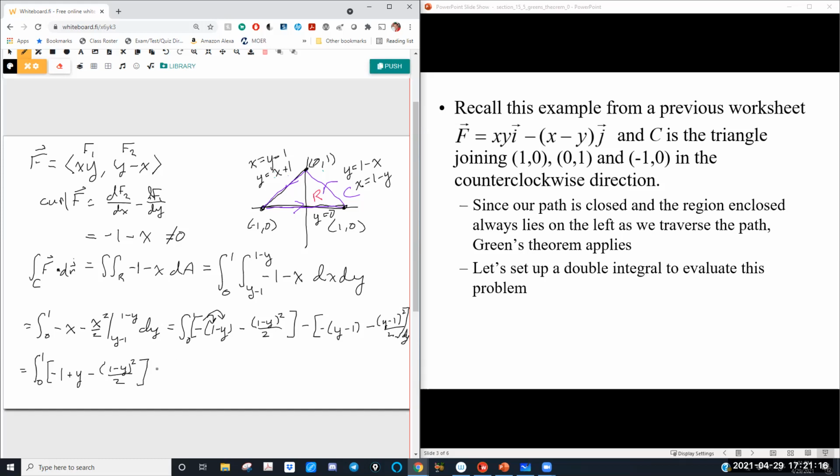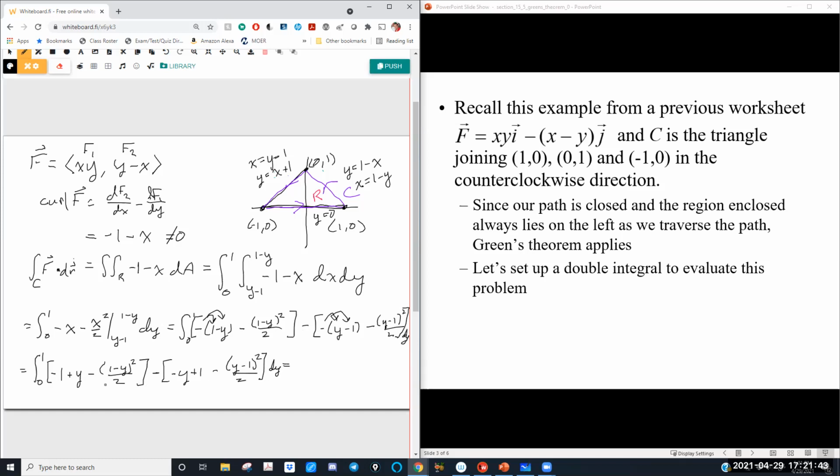You'll see why very quickly. Minus, now in these brackets, let's distribute this negative. So that's going to make a negative y plus 1, and then minus y minus 1 squared over 2 dy.